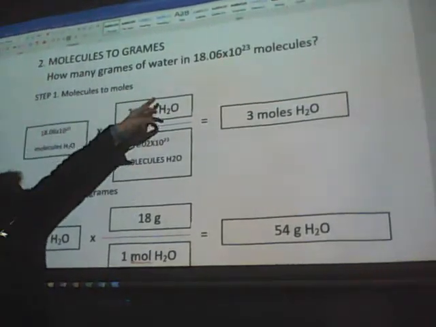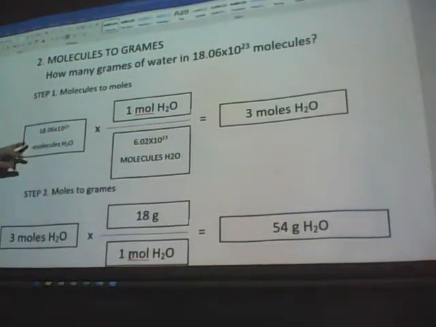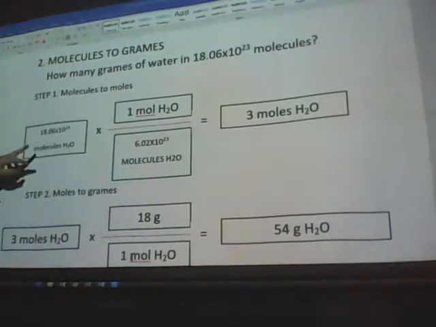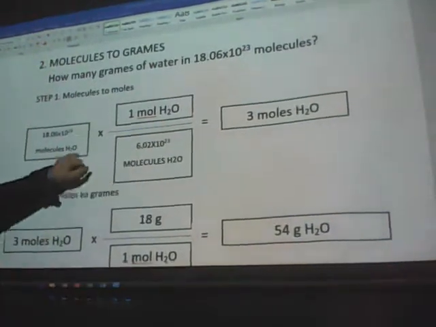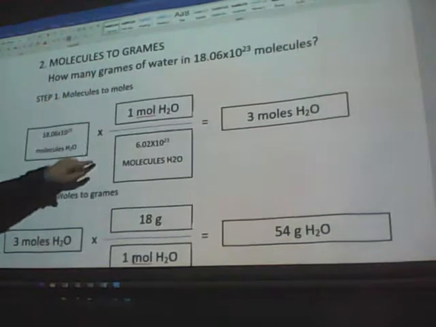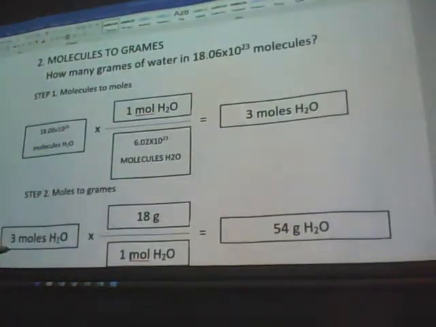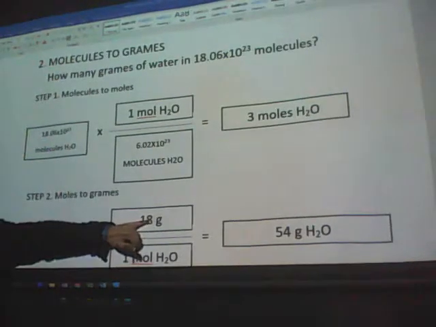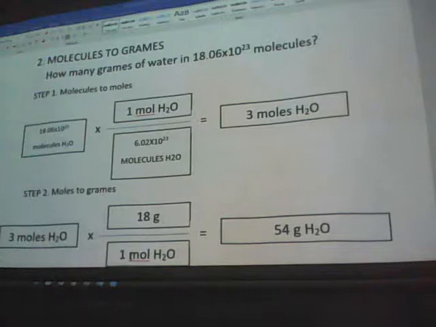How many grams of water in 18.06 by 10 to the power of 23 molecules? So you convert molecules to moles, dividing by Avogadro's number. If you divide this number, 18 by 6 is 3. And to convert 3 moles to grams, you multiply by the molecular mass. 3 times 18 is 54.